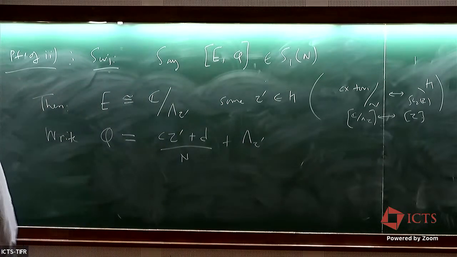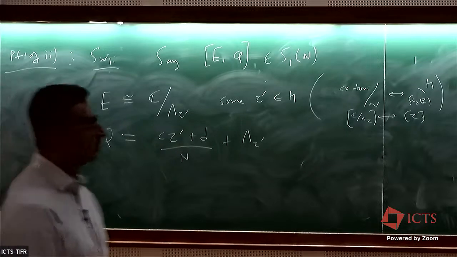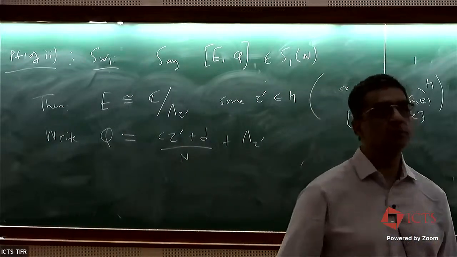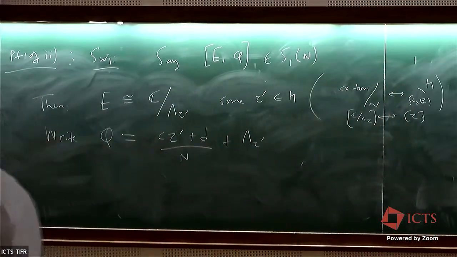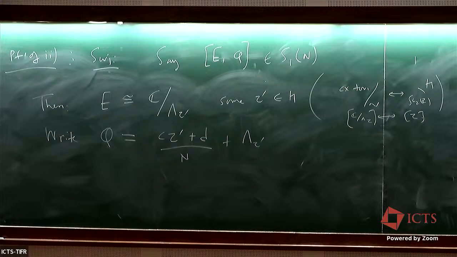And I made a small mistake here. I should have said, okay, it's gone now. But when I said point of order n, I should have said exact order n. I think I just erased everything. Whenever I said order n for points, I should have said exact order n. I'm going to need that now. For subgroups, it doesn't matter. It's just order n, so there's no exact order. The size is just n, but order of a point shouldn't be dividing n.